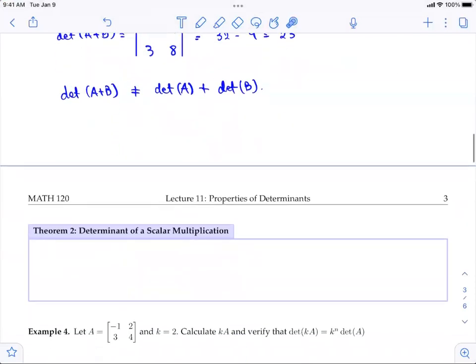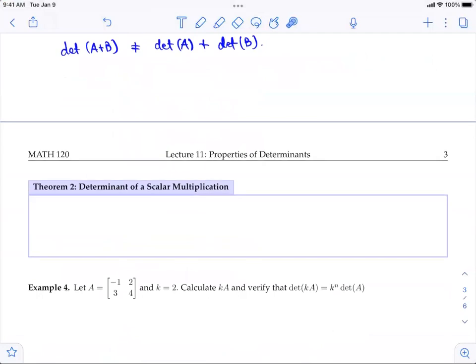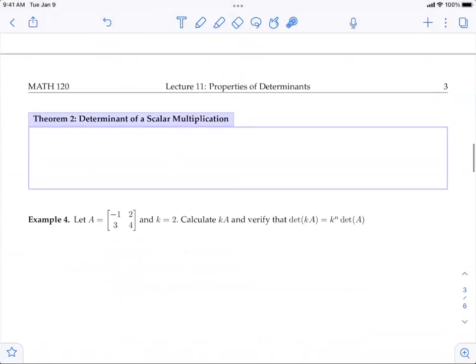Now, the next property that I'm going to write down is the determinant of a scalar multiple.